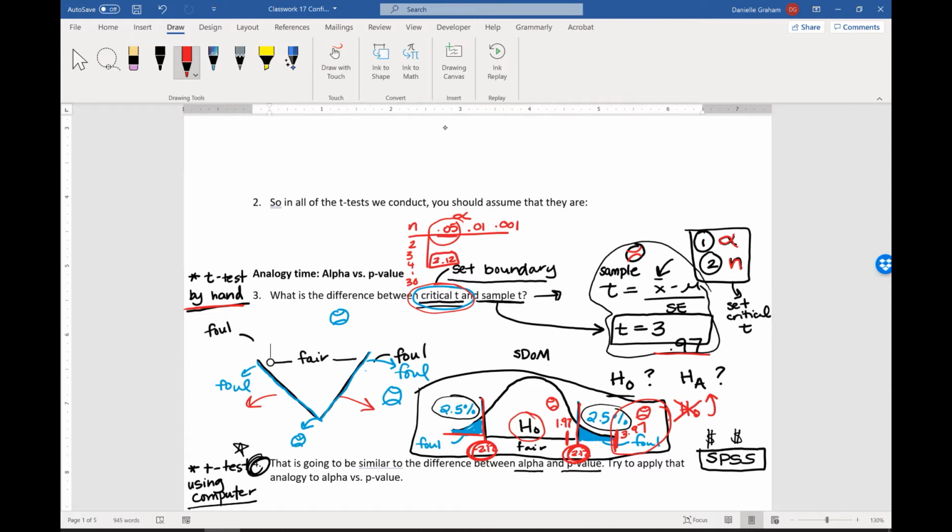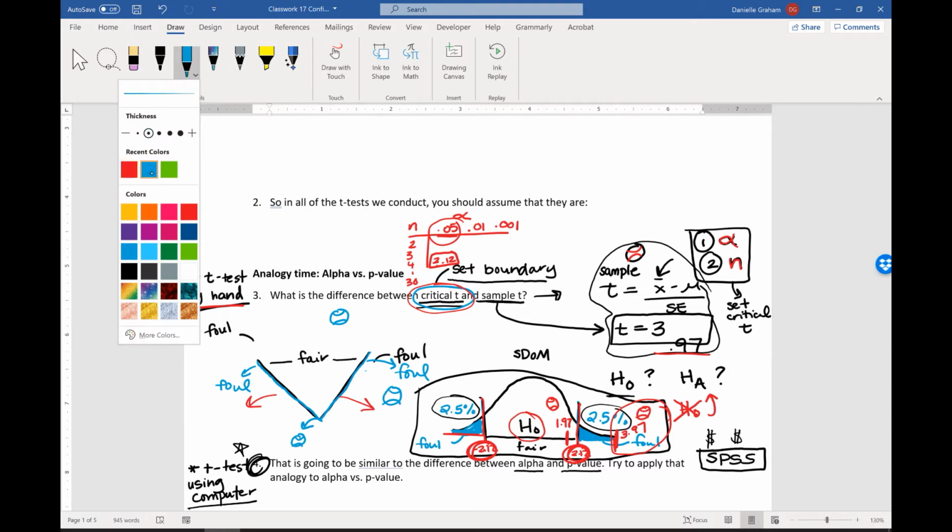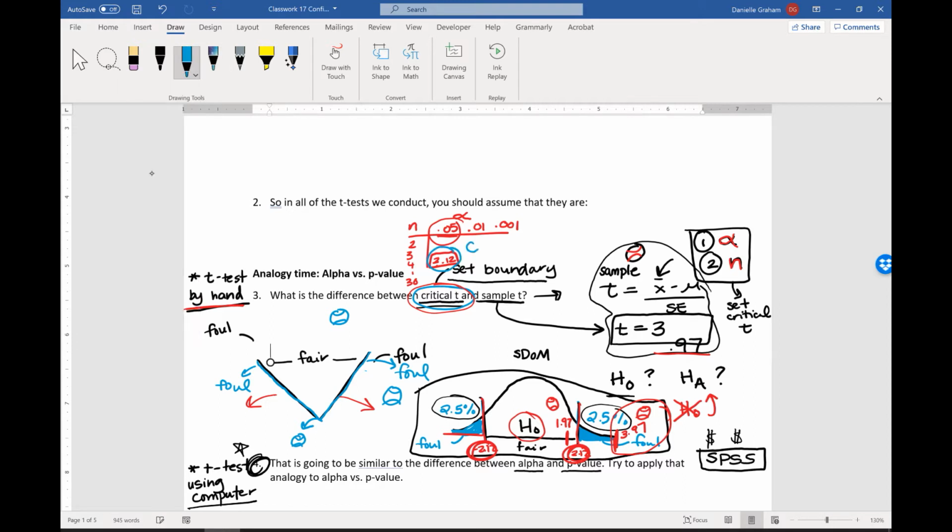Okay, then this is where I have to set my boundary. Let's go back to our blue for it. This is my critical T. That's what I'm going to put right down here to set my fair versus foul boundary.